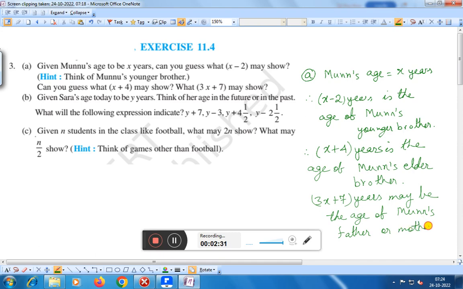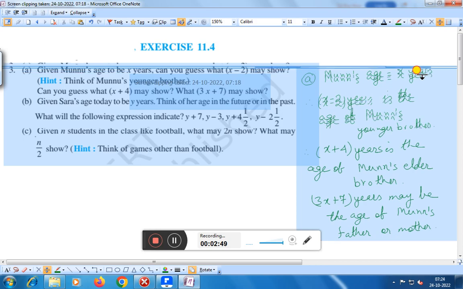This can be predicted, right? That is, Manu's age is x years. Therefore, we can say that x minus 2 may be the age of Manu's younger brother, and x plus 4 years is the age of Manu's elder brother, and 3x plus 7 years may be the age of Manu's father or mother. We can just predict, right?